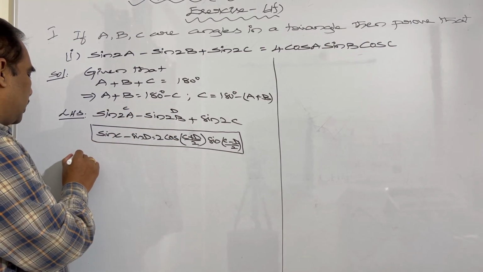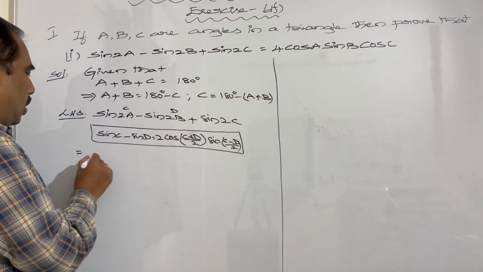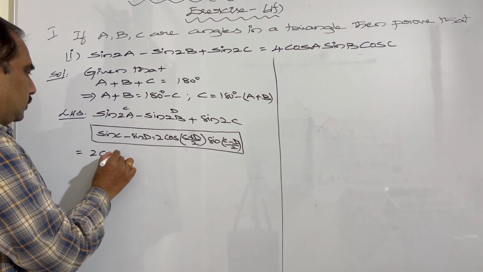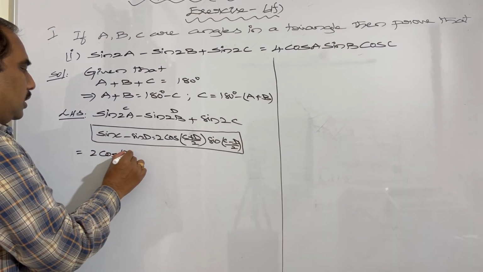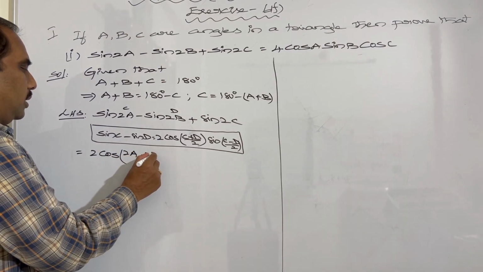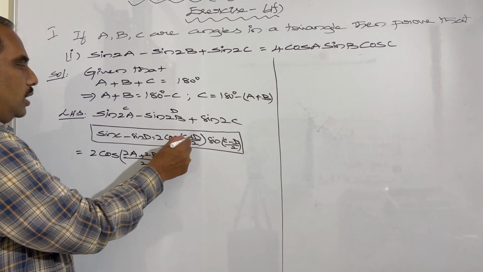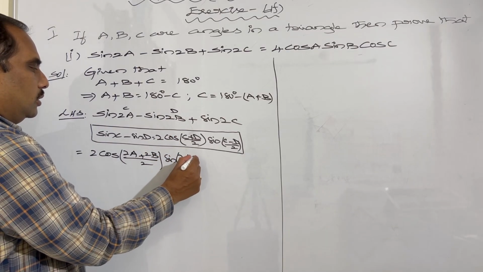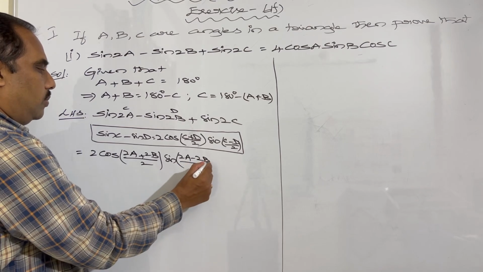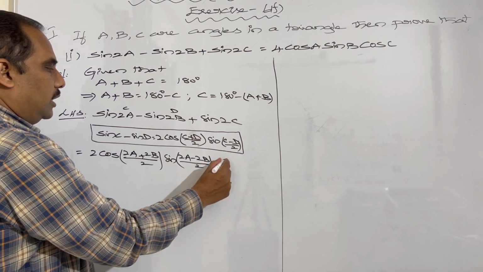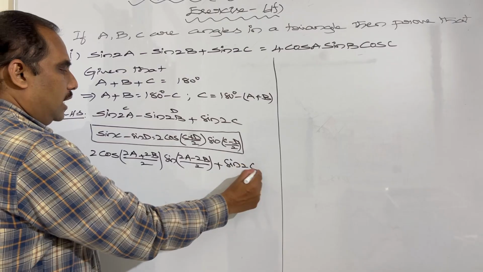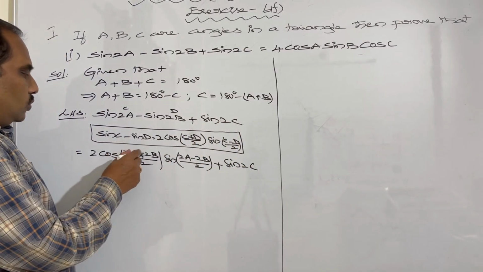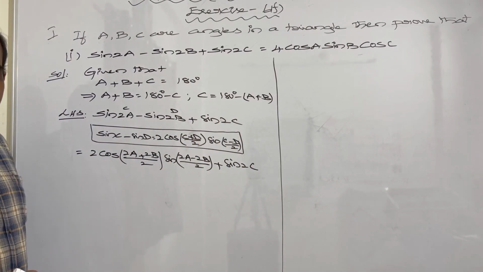Now this can be written as 2 cos of C plus D by 2, that is 2A plus 2B by 2, into sin of C minus D by 2, that is 2A minus 2B by 2, and plus sin 2C, writing as it is. If you take 2 common in the numerator, the 2 gets cancelled.